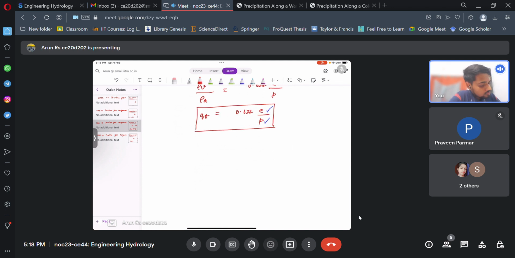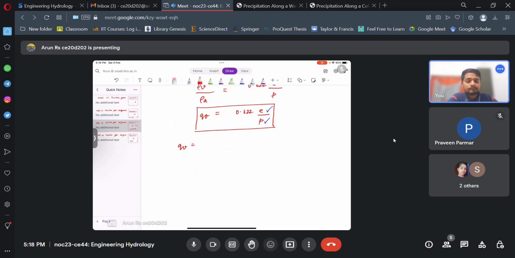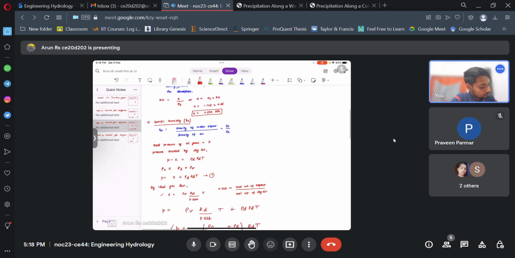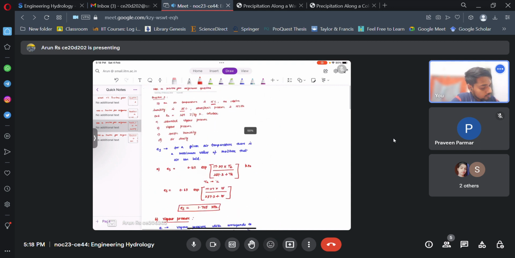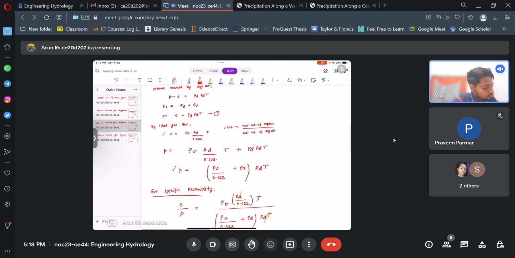So now we can compute the specific humidity. So your atmospheric pressure is given as 101.3 kilopascals.